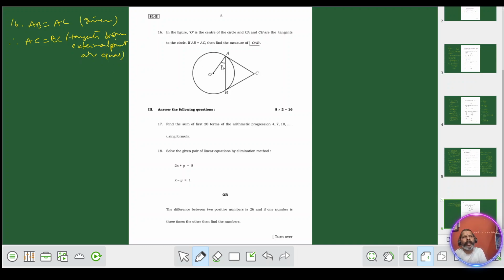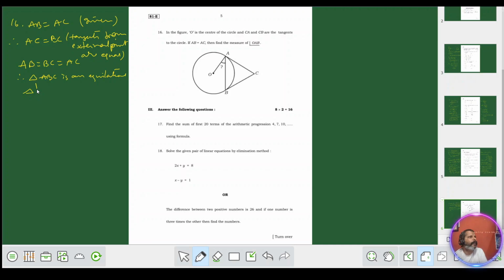They asked for the angle OAB, which is marked here. Since they are equal, from these two, what we understand is, we know AB is equal to AC, AC equal to BC, means AB is also equal to BC. Therefore, we know all sides are equal. Therefore, what kind of triangle? If all sides are equal in a triangle, therefore ABC is an equilateral triangle.